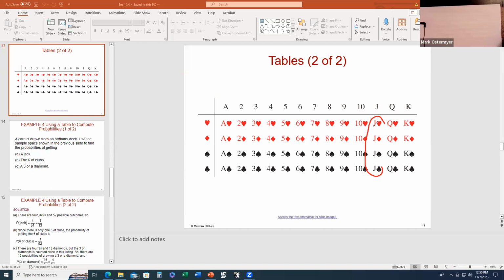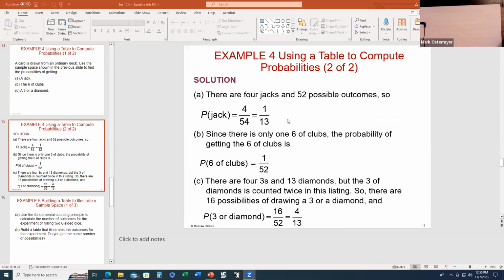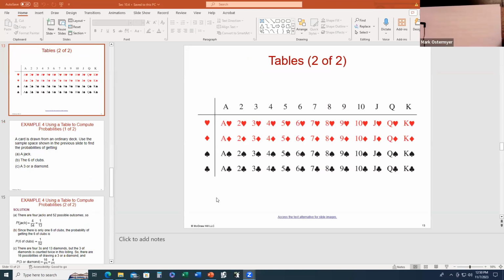So the probability of selecting a jack would be 4 over 52, or 1/13. What's the probability of selecting the 6 of clubs? Well, the 6 of clubs only occurs how many times?